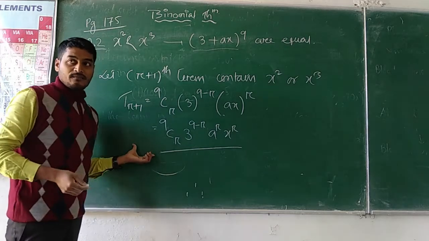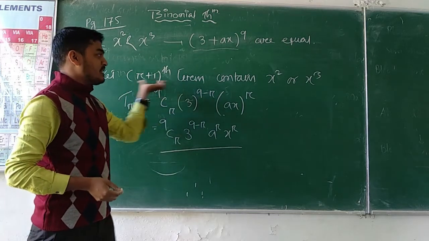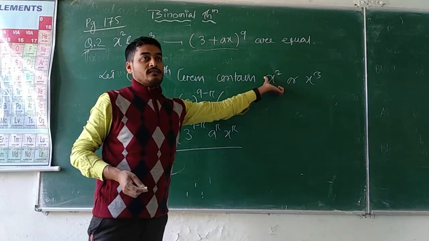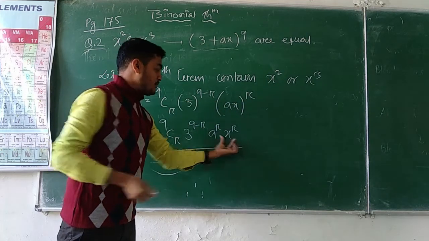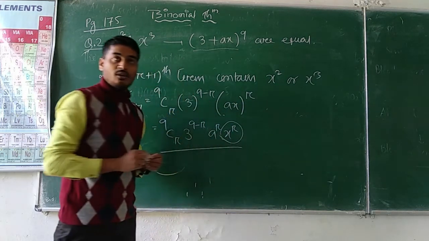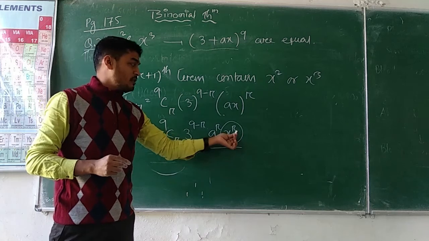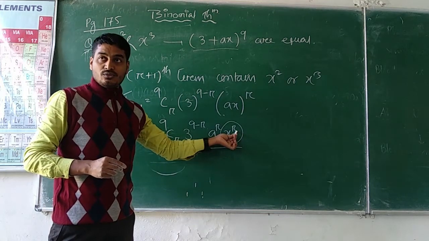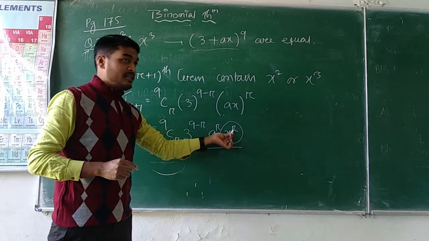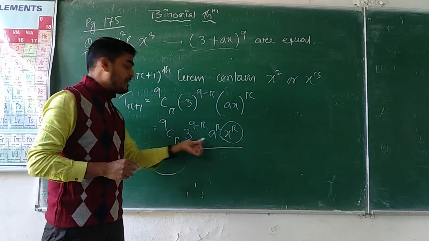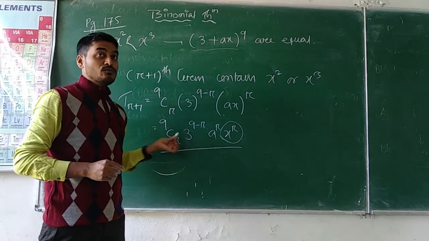At board level, you say that the r plus 1 term has x square. So this must be x square. To be x square, what is the value of r? r should be 2. So r equal to 2, and you get the term containing x square. Wherever r is there, you put 2.